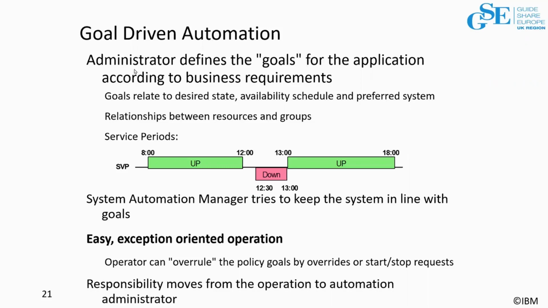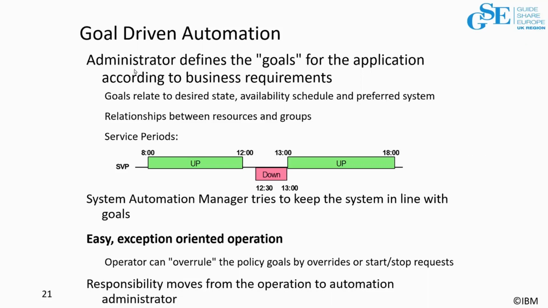So you can say from between 8 and 12 and between 1 and 6, it's got to be up. Outside of those times, I don't really care whether it's up or down. So what the system automation manager will be doing is constantly looking at what's going on with the resources and doing whatever's necessary to make sure they're kept in line with the goals that have been set by the administrator.